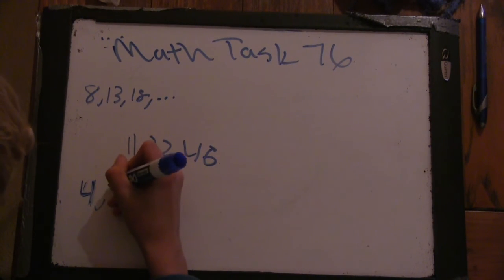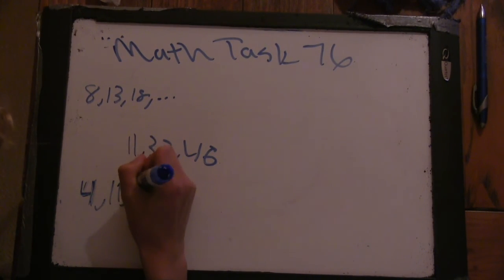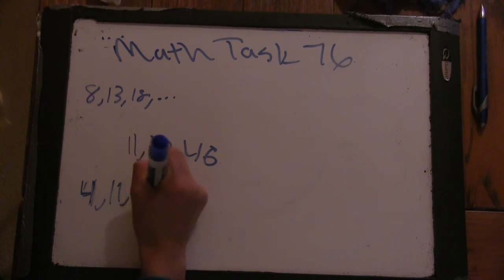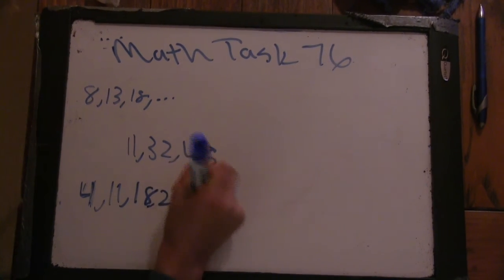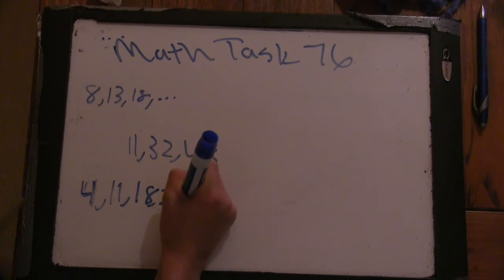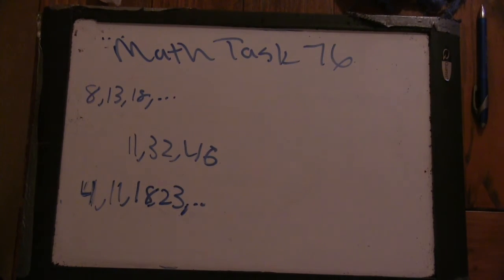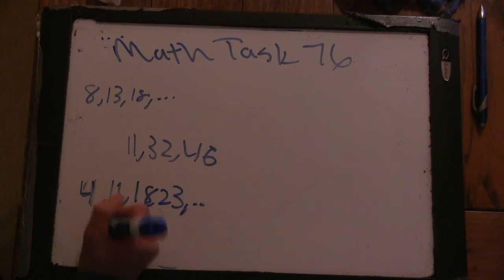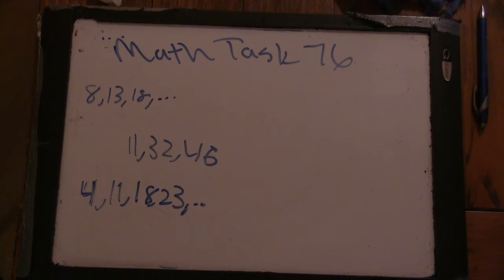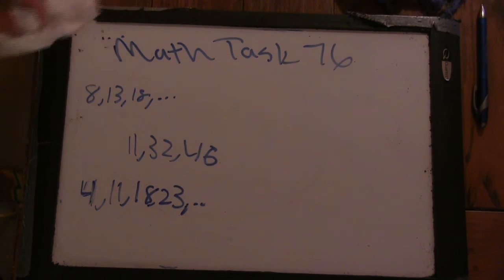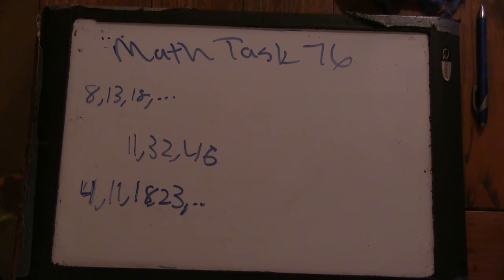Then it's 4, 11, 18, 25, and so on. And then the last choice would be 9. But 14 isn't a multiple of 9. Okay. So what number does Josh start with? He starts with 4. Great.